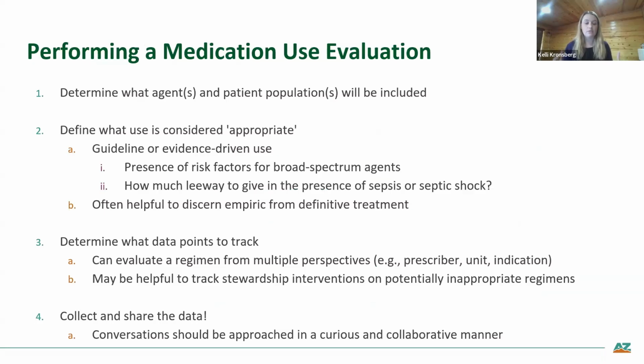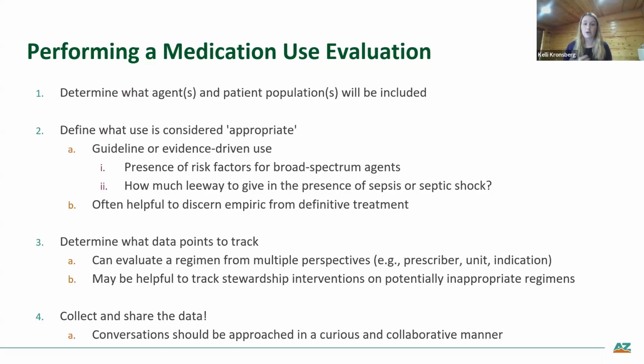And so after you've thought about what sort of agent and what sort of patient population you want to look at, you would want to perform a medication use evaluation. And the next step in that would be to define what you would consider appropriate, because you're wanting to identify inappropriate use in order to decrease that and make sure that the use of your antibiotics are appropriate.